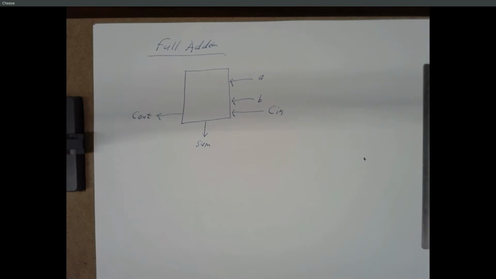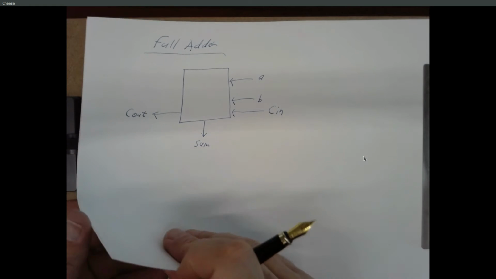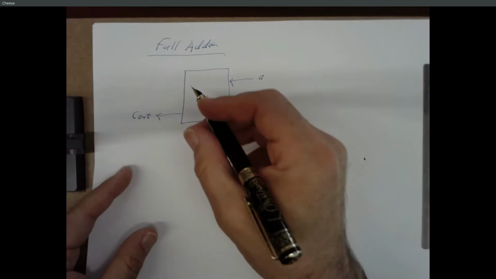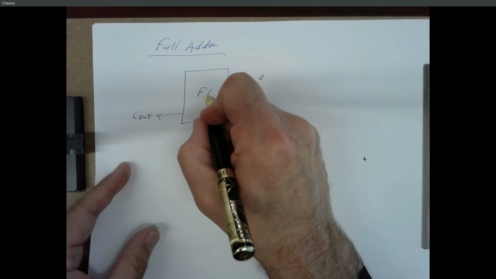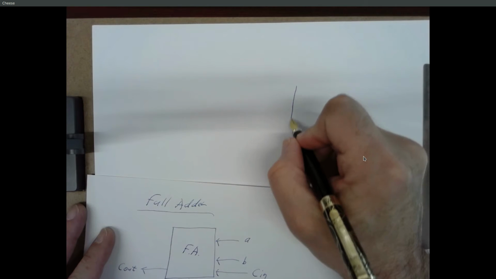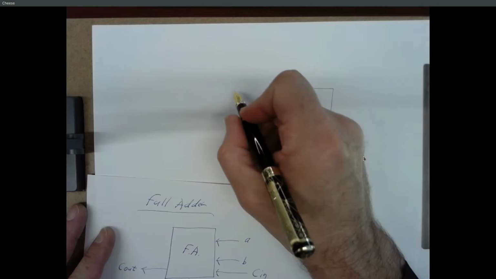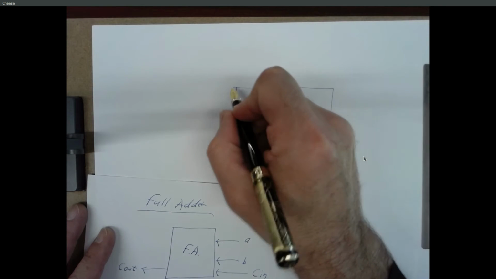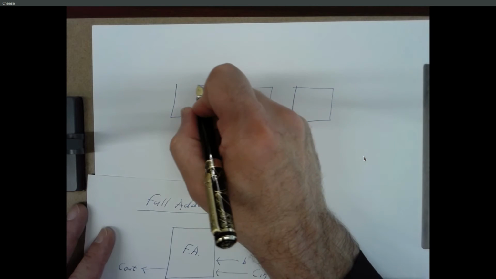Here's what we do with this. Suppose we make the following circuit. So I'm just going to label this FA for full adder. Suppose I make 4 of these circuits.